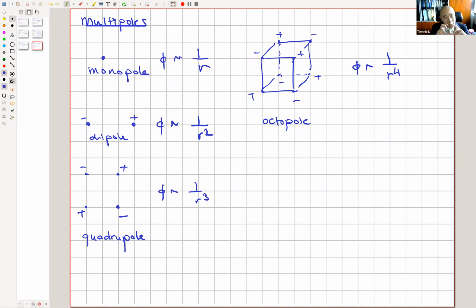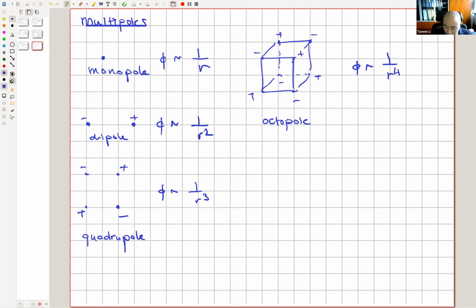If I get something that looks like a dipole, I get a 1 over r squared, and then quadrupole, octupole, and so on. It goes on. Hopefully you'll start to see that this really is a series.